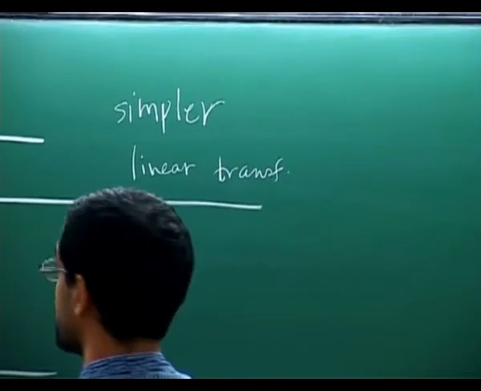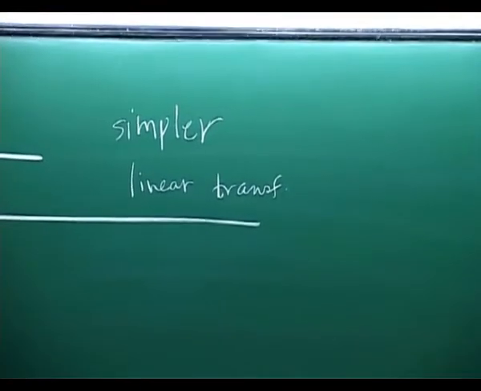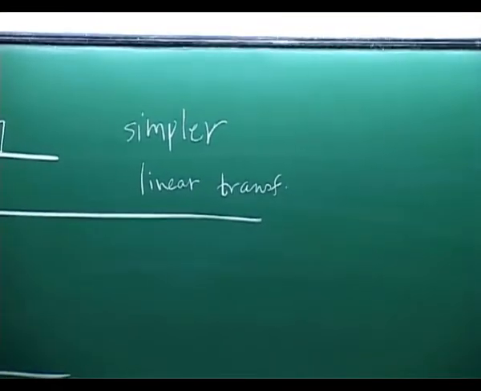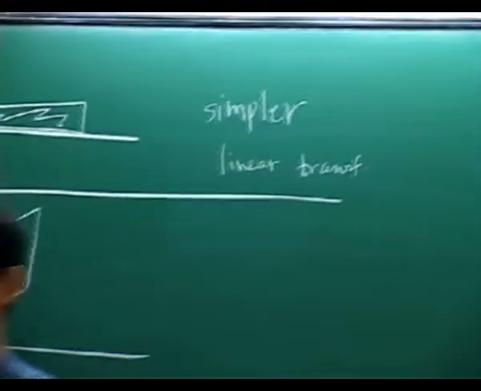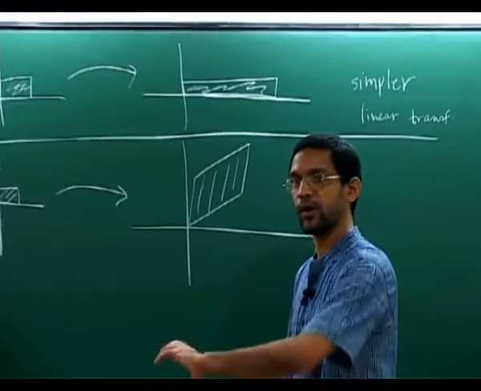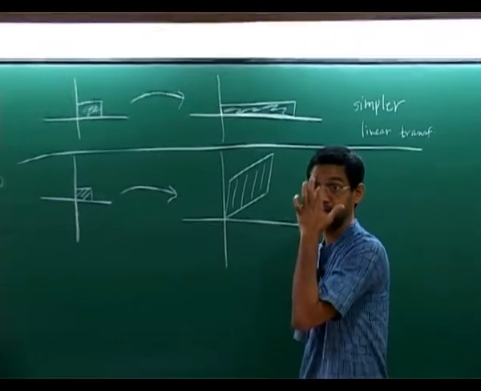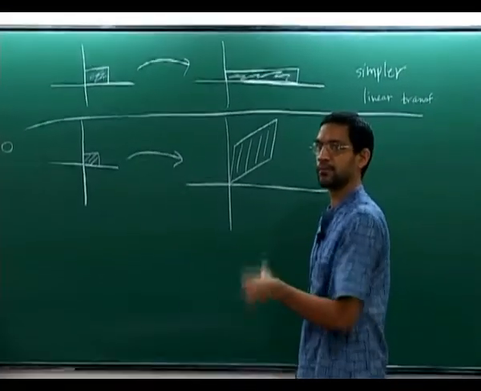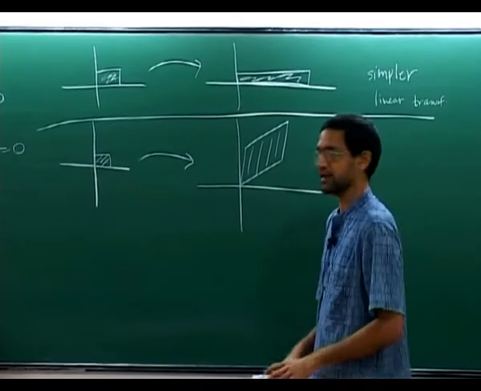In some sense, they are simpler to understand because the two axes are just getting mapped to themselves but with some scale factor. These are the more complicated ones because they are doing all kinds of things to that square, right? Taking it to some funny parallelogram and also with some scale factor.